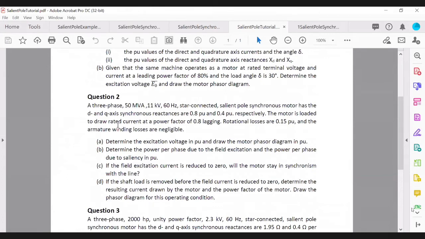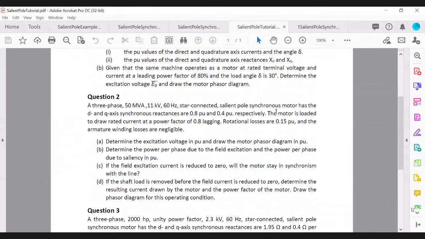Question 2 on the tutorial. It's a basic salient pole synchronous motor where you're given the reactances of the d-axis and q-axis, and you are also given the operating point of the motor. So it's operating at rated current, so it's drawing 1 per unit, and the power factor is 0.8 lagging, right?